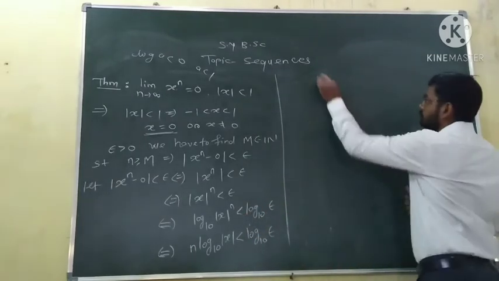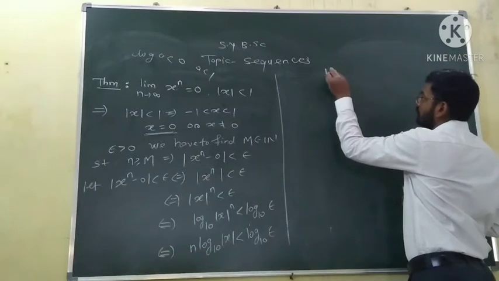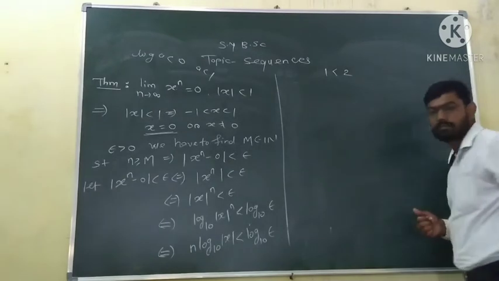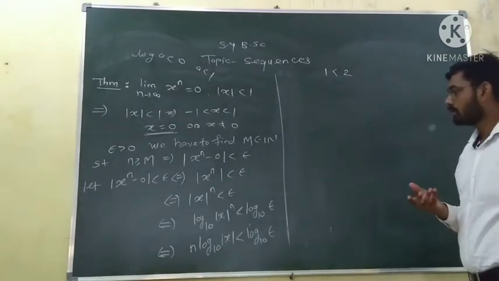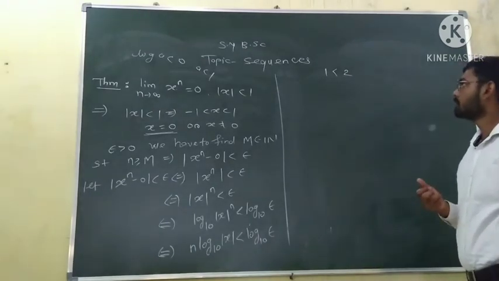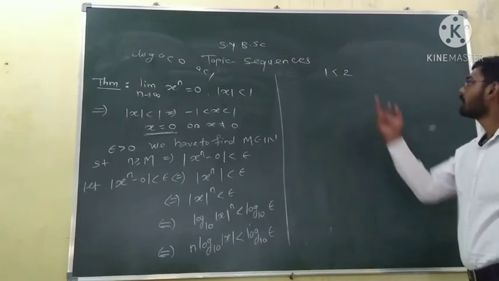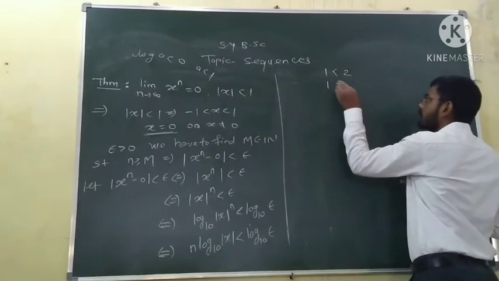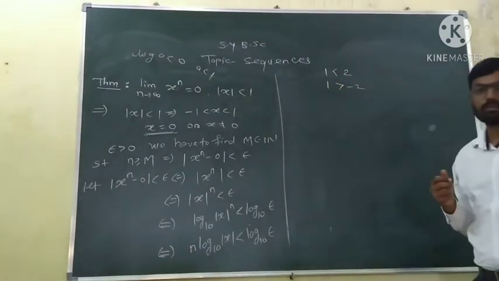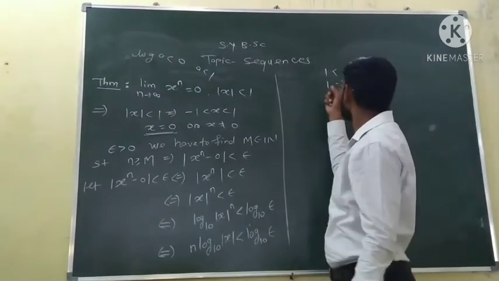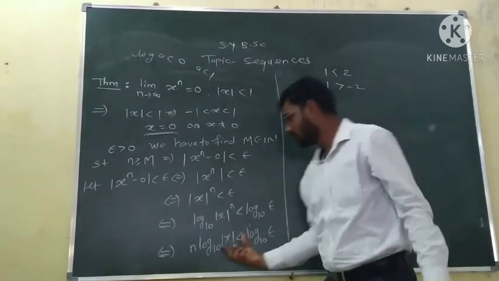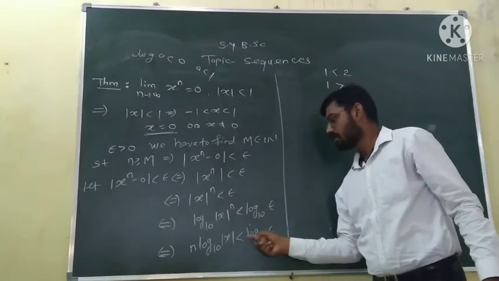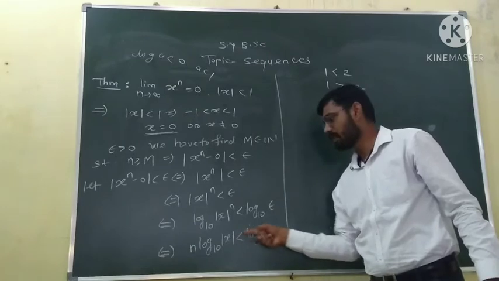See, we know 1 is less than 2. But if we give a minus sign to the 2, then this becomes 1 is greater than minus 2. So since this is negative, we have to change the inequality: this less than becomes greater than.